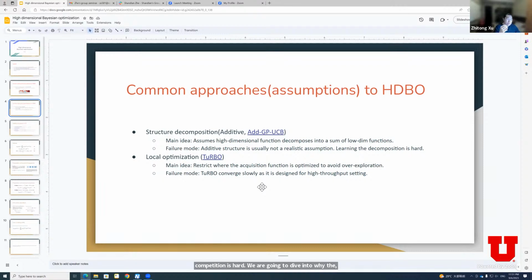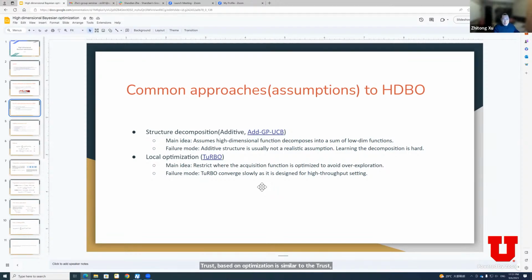And the third approach is local optimization. I think this is a really different approach. It's called TURBO, which stands for trust region optimization. Trust region Bayesian optimization is similar to trust region optimization in convex optimization.